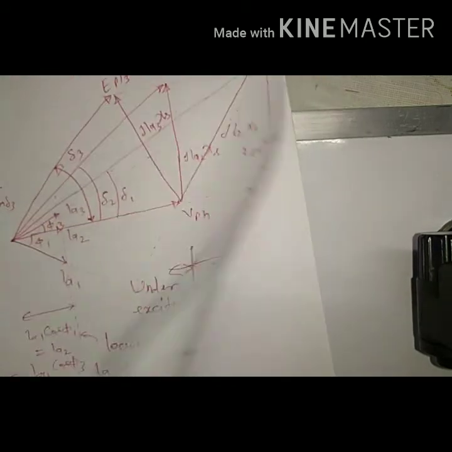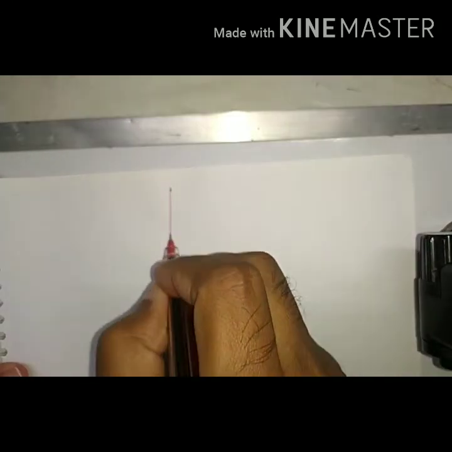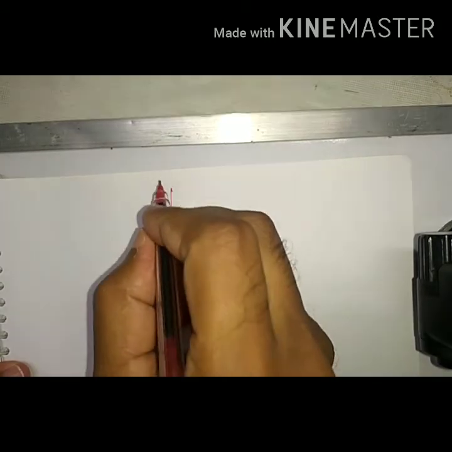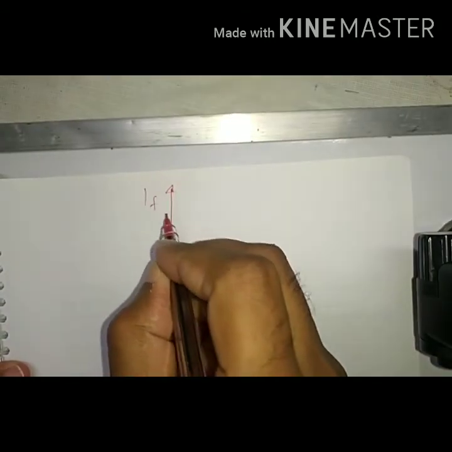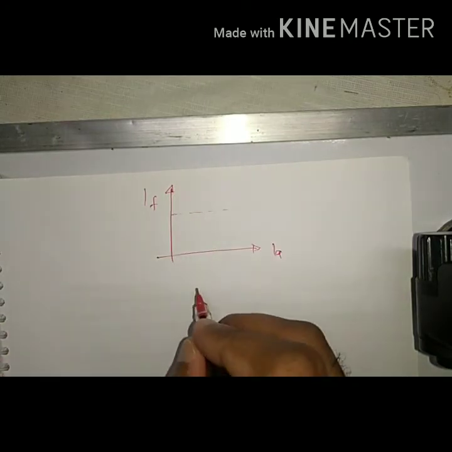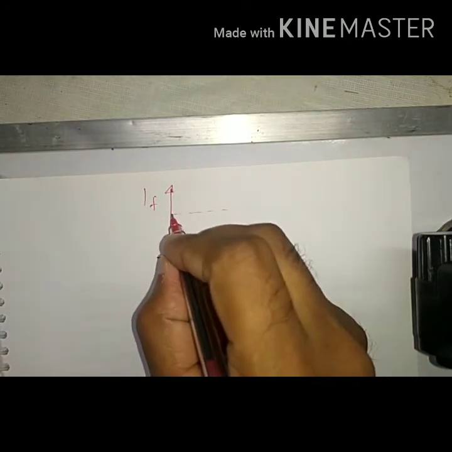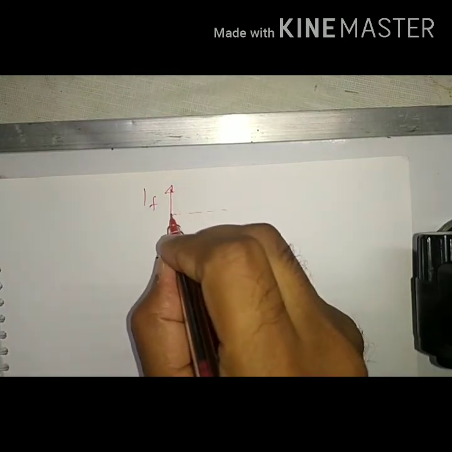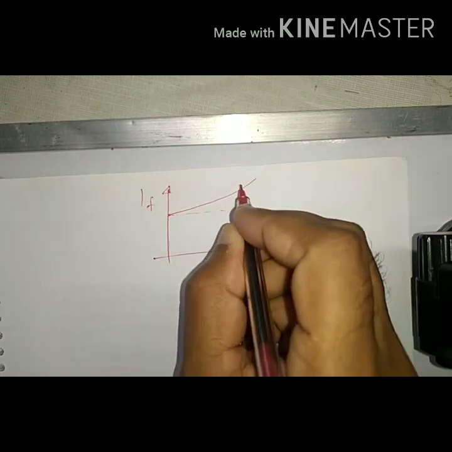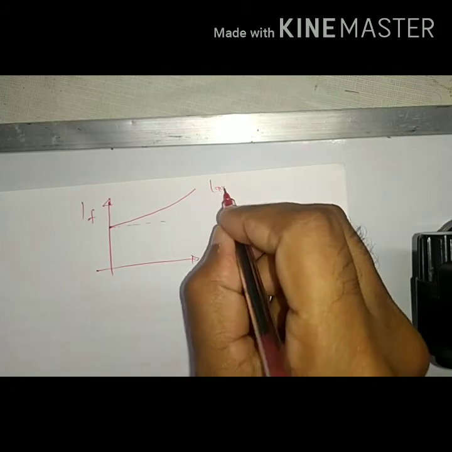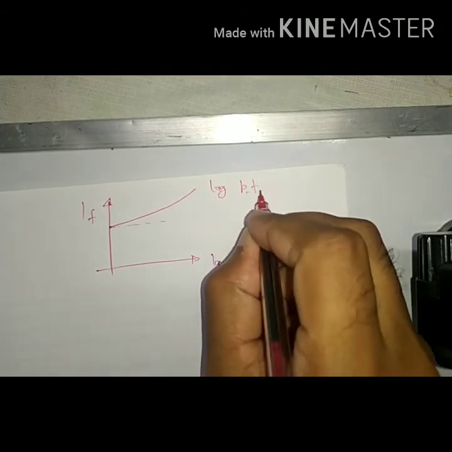So based on this, if this is armature current and this is field current, as load increases at a given power factor, armature current will increase, so excitation must increase. This is for lagging power factor.